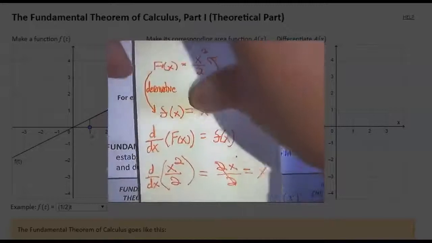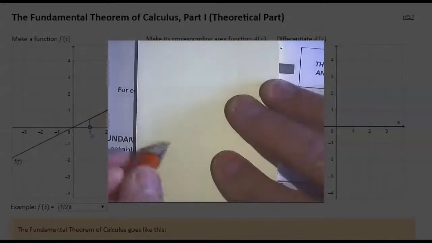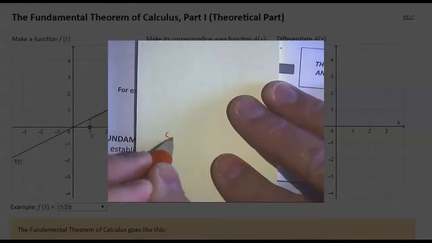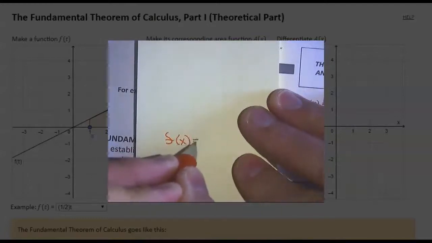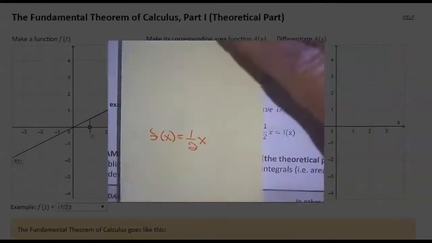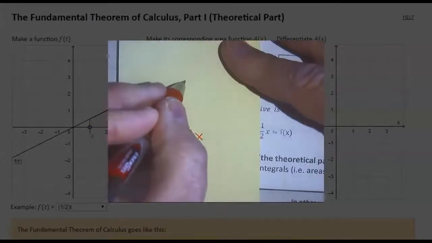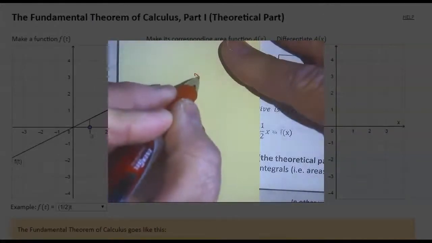All right, so if we started with a function that said 1/2 x, okay, if this was 1/2 x, and I said, okay, what's the antiderivative of that? Well, you know it's going to be one more power.